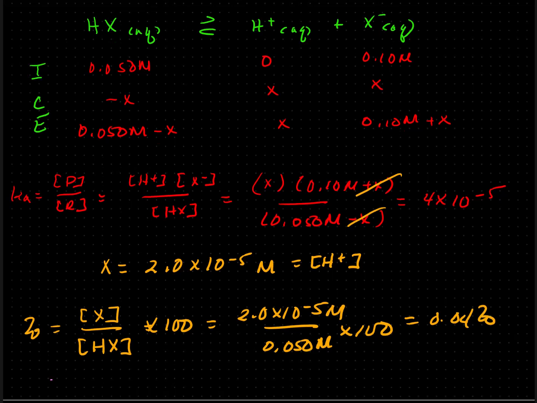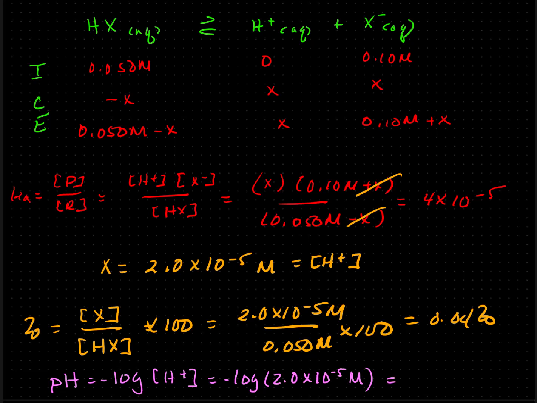To calculate the pH, pH is equal to negative log [H plus], which is equal to negative log 2.0 times 10 to the negative fifth molar. This is equal to 4.6989. Since my answer has 2 sig figs, I look 1 to the right, so the 9 is going to go to a 0, and rounds the 6 to a 7. So my answer is 4.70.